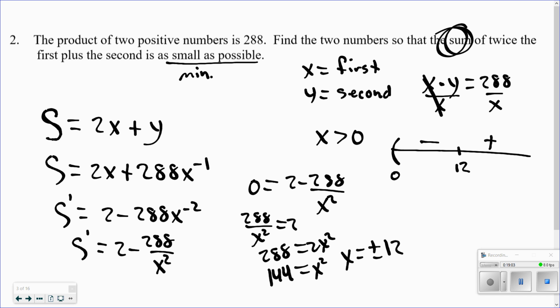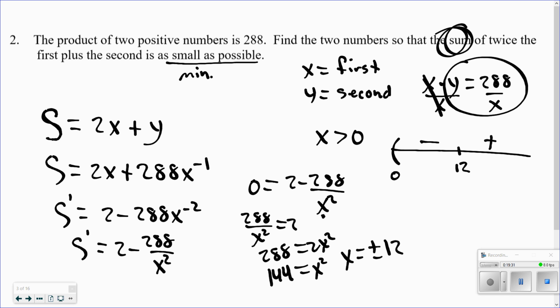Okay, now we need to actually answer the question. So always write a sentence. So we're going to say the two numbers, the first number, 12, and the second number, whoops, I never found the second number. If I plug 12 back into my secondary equation up here, we're going to go 288 divided by 12. I'm pretty sure that's 24.